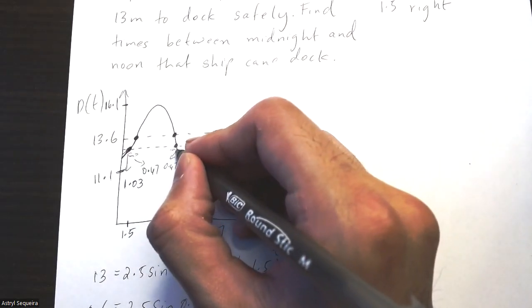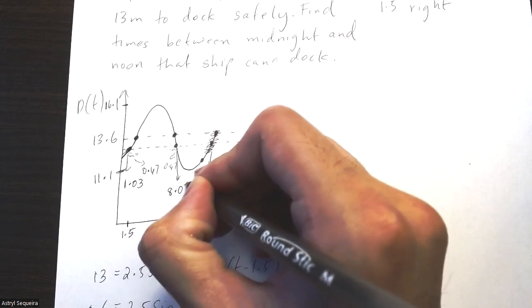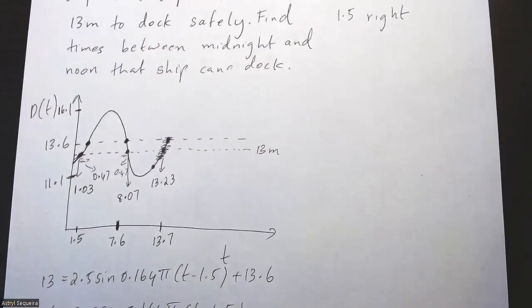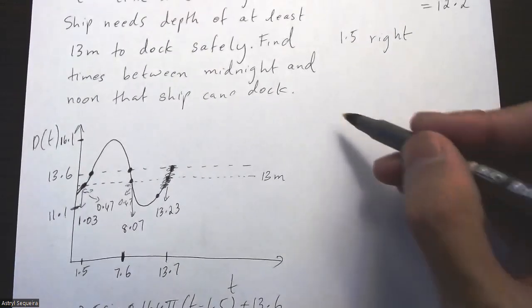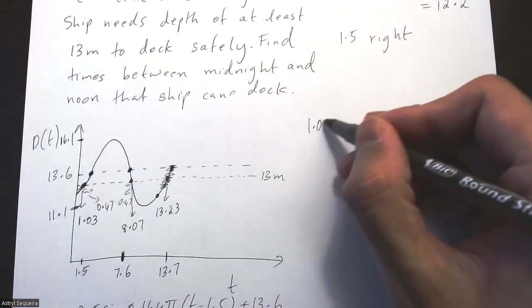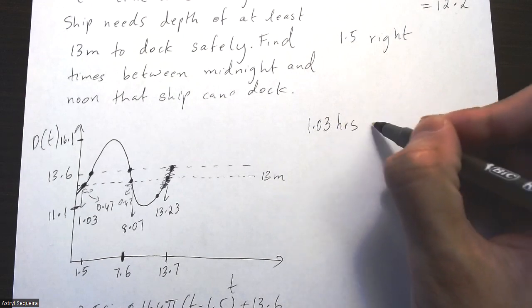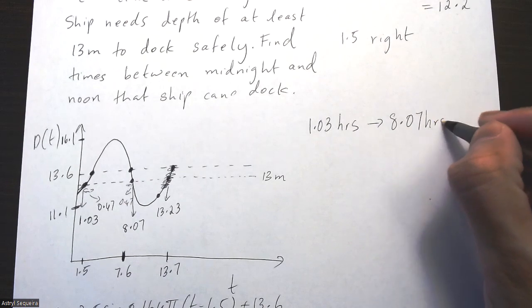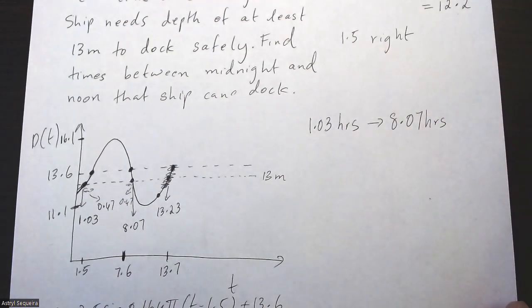So this point over here is 8.07. This means that the ship can safely dock between 1.03 hours after midnight to 8.07 hours after midnight.